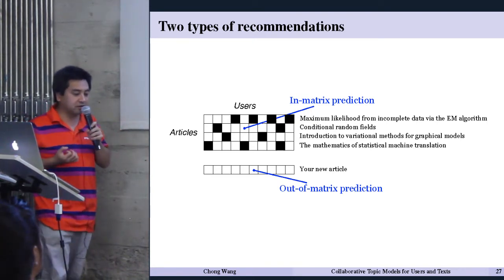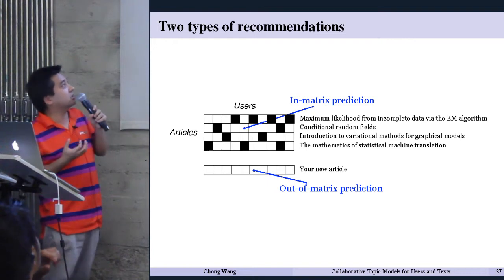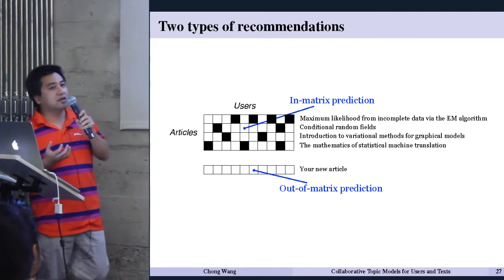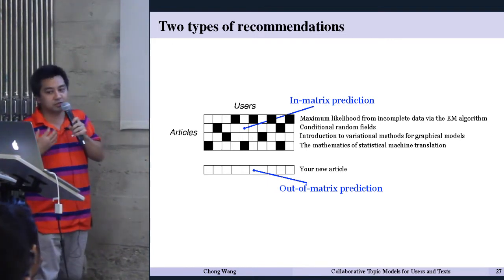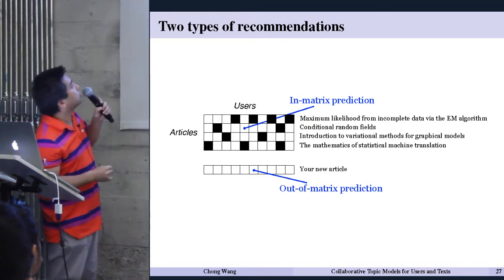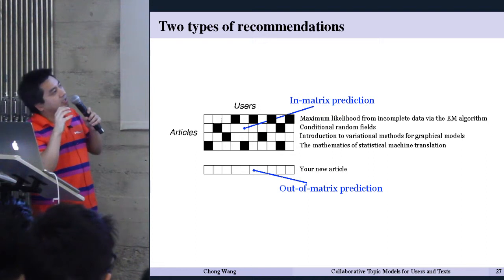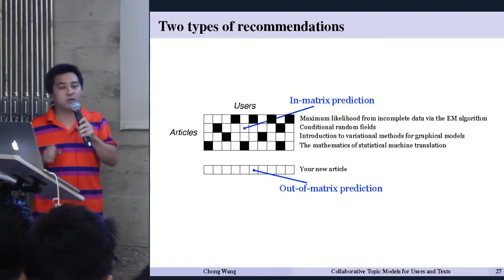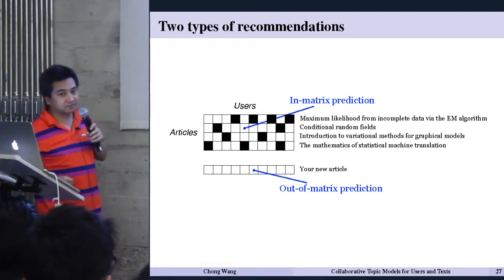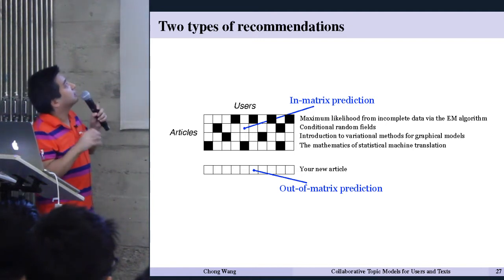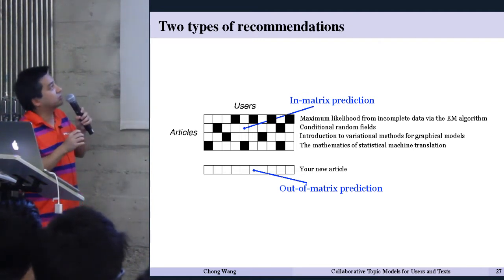The first type of recommendation is what we call in-matrix prediction. Basically, we observe a user and article matrix, and all the articles in this matrix have been read by at least one user. The second type of recommendation we call out-of-matrix prediction.